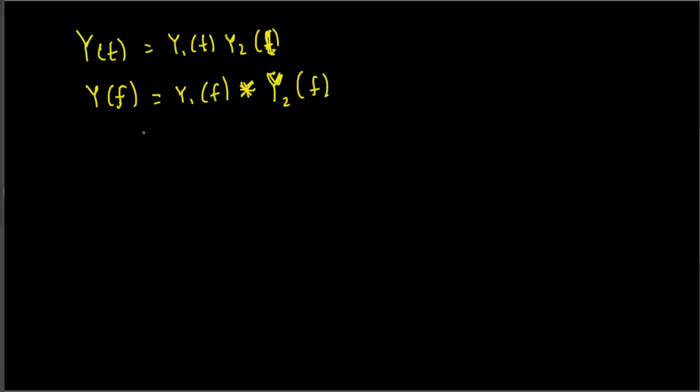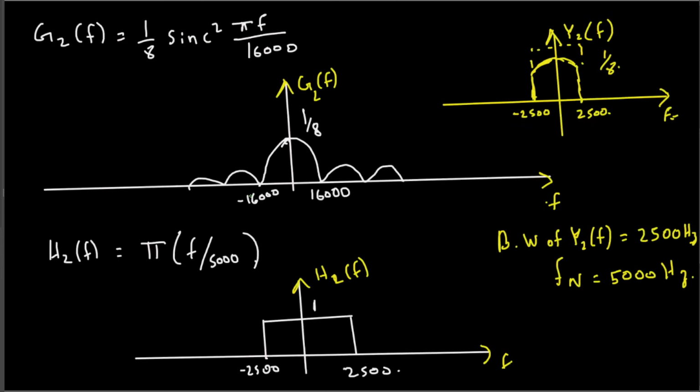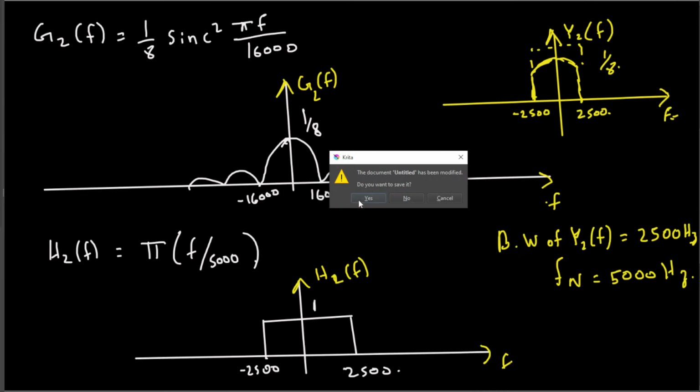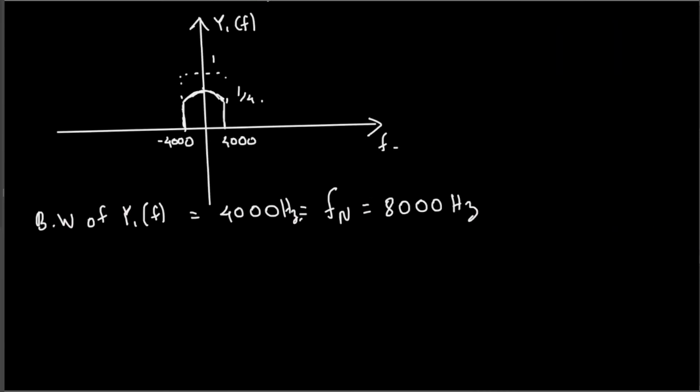So that's going to end up as an addition of the bandwidths in the frequency domain. So we are going to have the bandwidth of Y of f as adding these two, that is 2500 and then 4000.